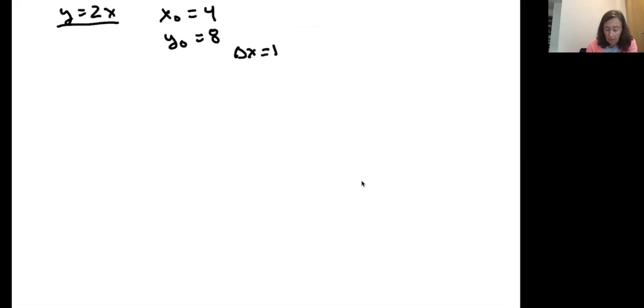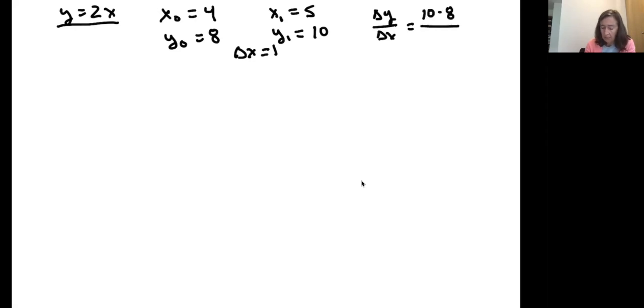That tells me my endpoint, x1, is 5, so 4 plus the change in x of 1. Then my ending value for y is the functional value, 2 times 5, which is 10. I calculate delta y over delta x and I get y1 minus y0, that's 10 minus 8, divided by x1, that's 5, minus x0, which is 4. I get 2. Great.